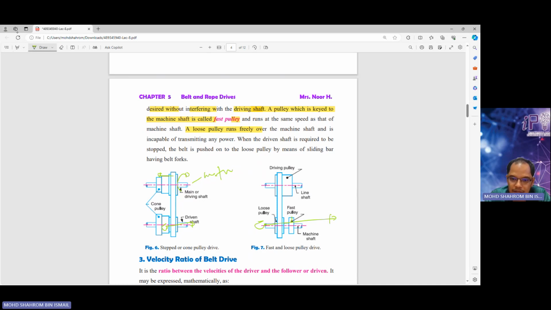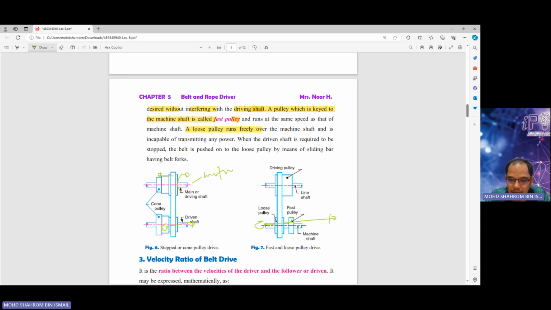So mostly fast pulley, if you change it to fast pulley, then it can follow. It can be equivalent to the driving pulley sort of speed. However, when you change it to loose pulley, since loose pulley just runs freely over, it doesn't transmit any power at all.